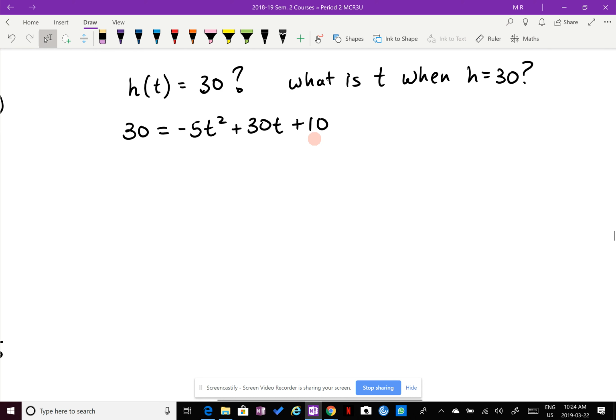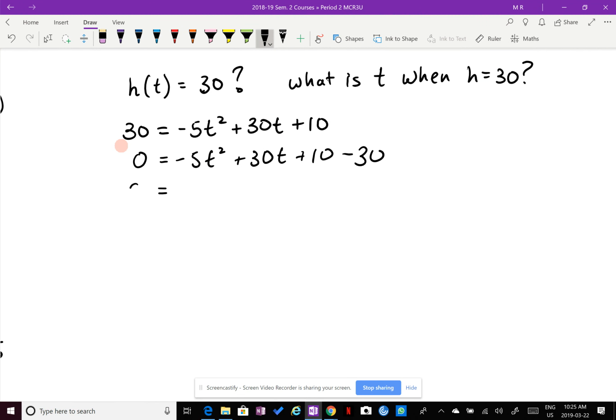So this equation here, the only difference now is h is 30 instead of 0. Okay, but solving an equation still requires us to make one side equal to 0. So to make this left side equal to 0, I have to subtract 30 from both sides. So I'll do 0 equals negative 5t squared plus 30t plus 10 minus 30.